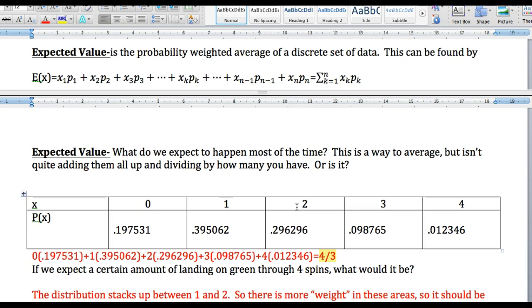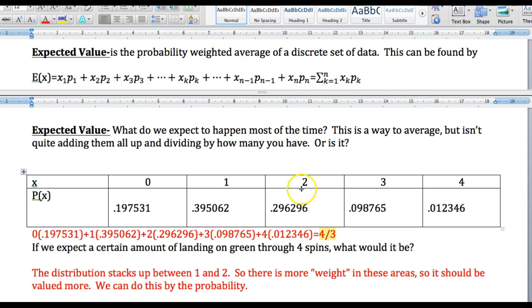If I repeated a 4 trial experiment over and over again, I would expect to come out about 1 1/3 times coming up green in each one of those experiments. If you average those out, that's what you would get. That's my expected value.